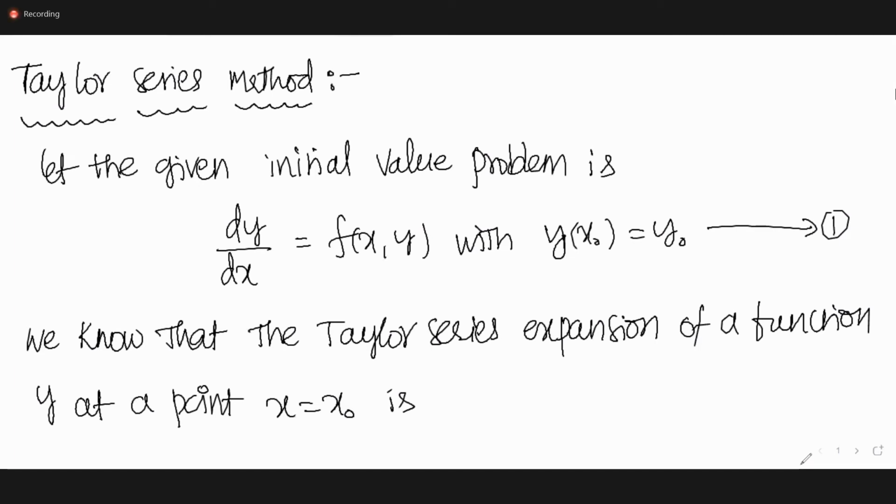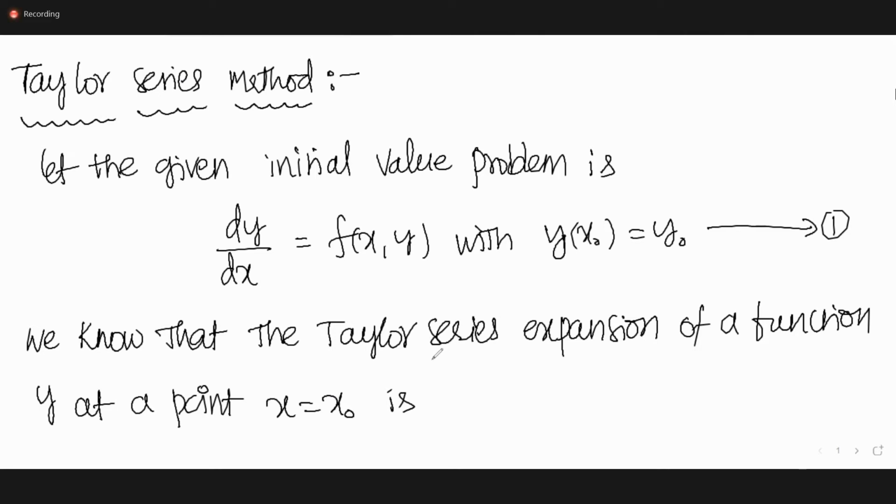So what is the procedure for the Taylor series method? First, we have to write the Taylor series expansion. In the Taylor series expansion, we have to find the derivatives: first order, second order, third order, up to fourth order, at the initial point x is equal to x naught, where x naught is the known value obtained from the given initial value problem.